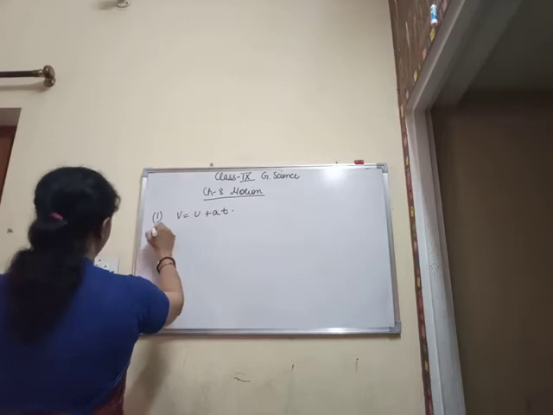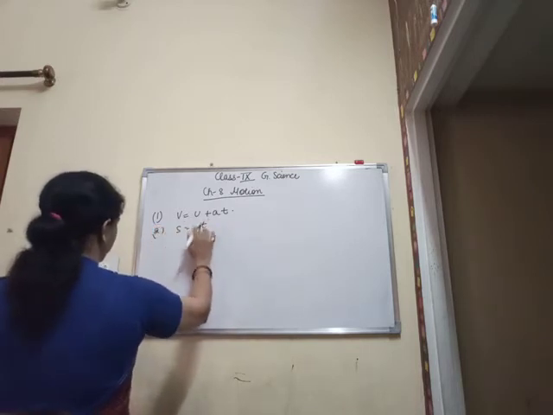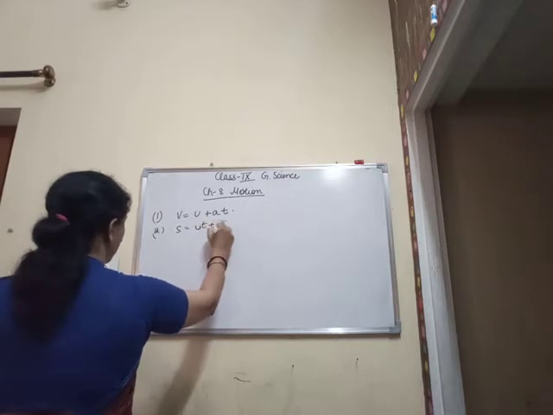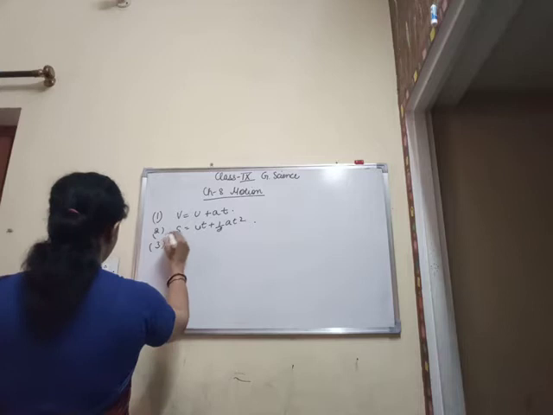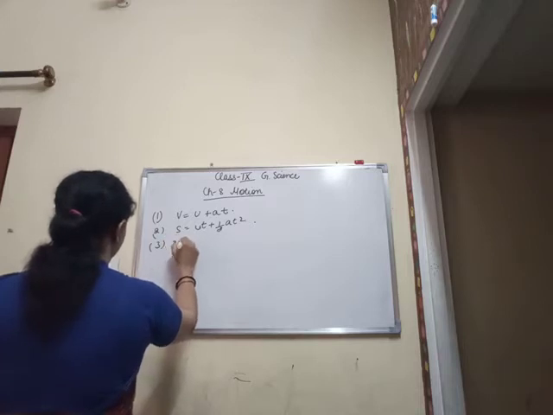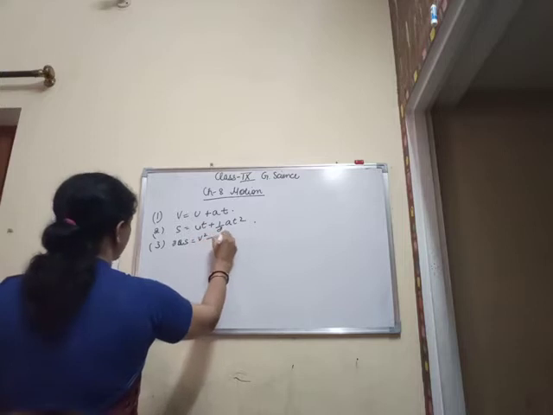Second equation of motion is s is equals to ut plus half at square, and the third equation of motion is 2as is equals to v square minus u square.